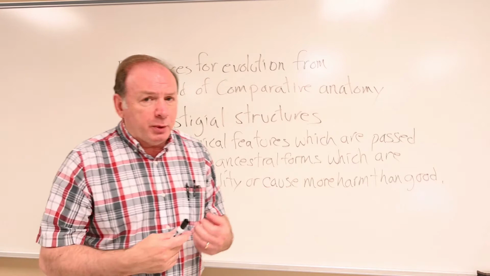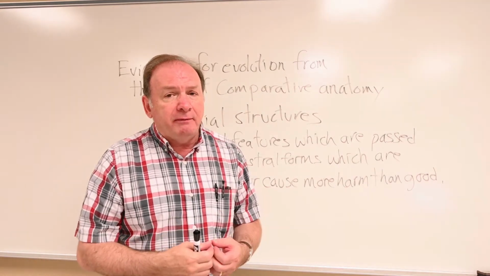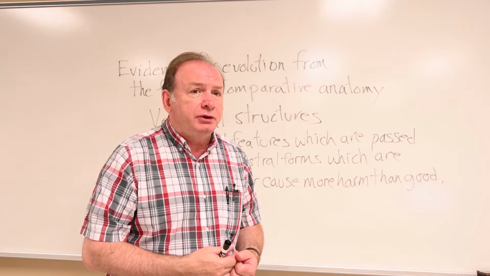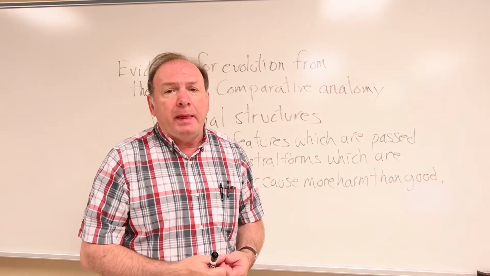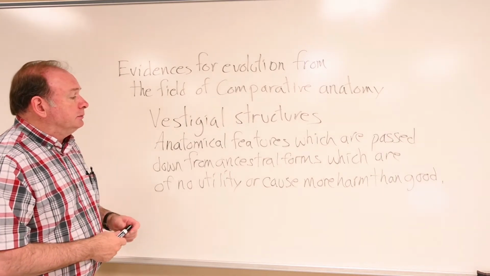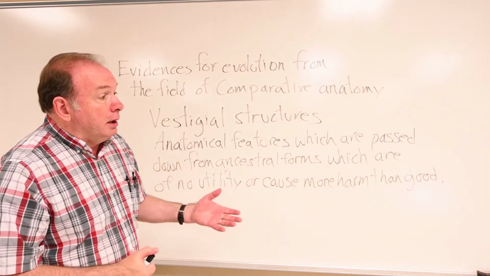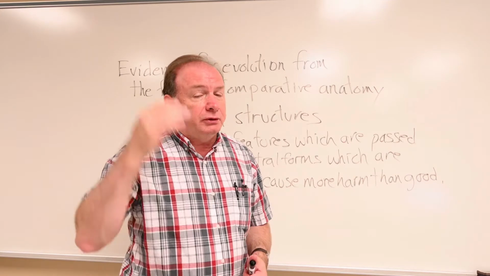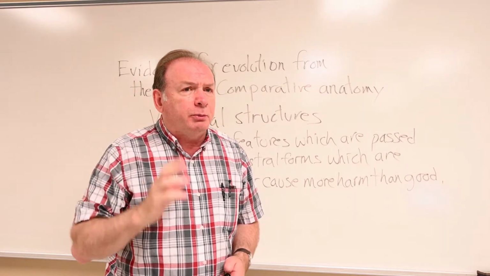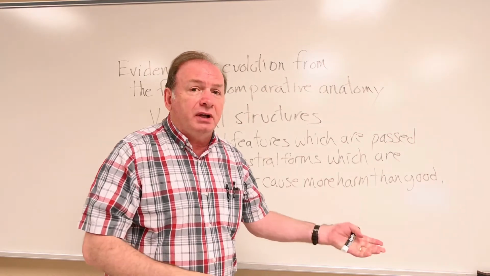Same with the appendix. The appendix also has a lot of lymphatic tissue in it that can produce cells and antibodies that help defend us against disease. We also have muscles on the side of our head that are supposedly passed down from ancestral forms.